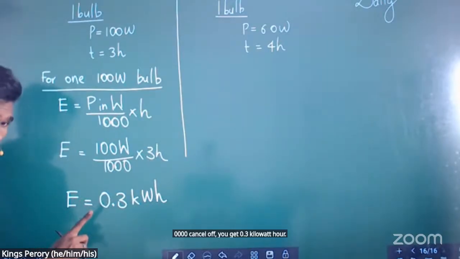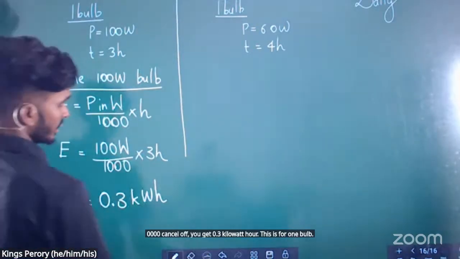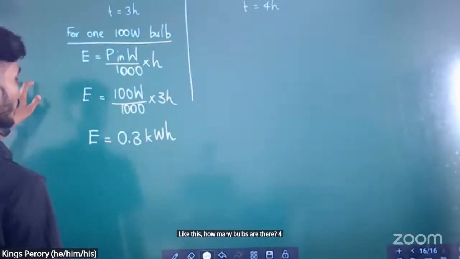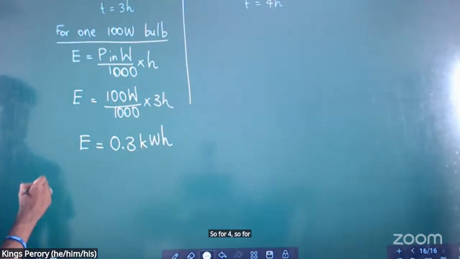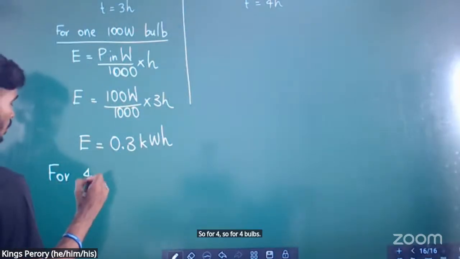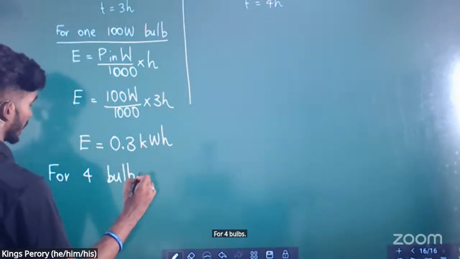This is for one bulb. How many bulbs are there? 4 bulbs are there. So for four bulbs, what do I have to do?